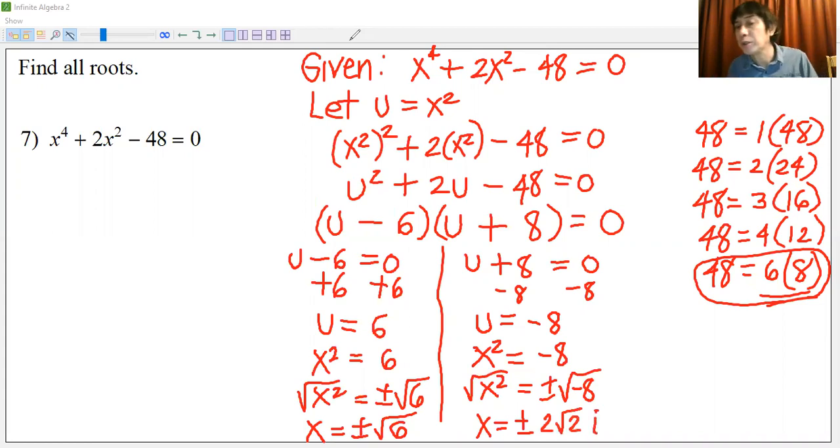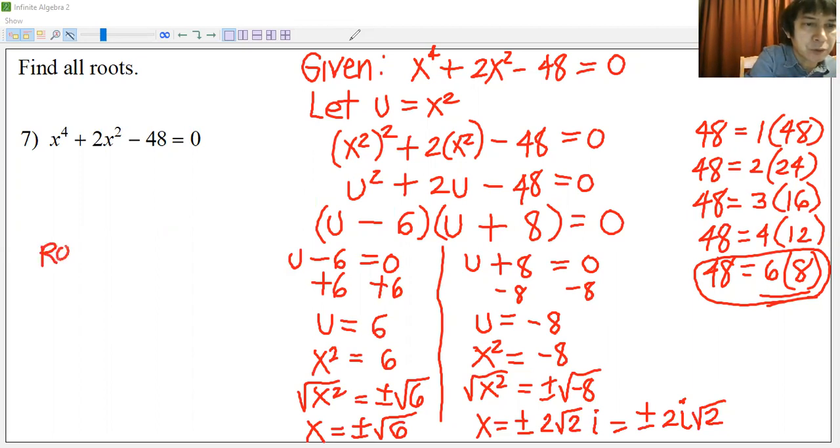Or you can insert the i after the integer, so that this is plus or minus 2i square root of 2. Same thing. After all, they are being multiplied: 2 times i times square root of 2. And so we can now enumerate our answers, our roots. Our first is square root of 6.